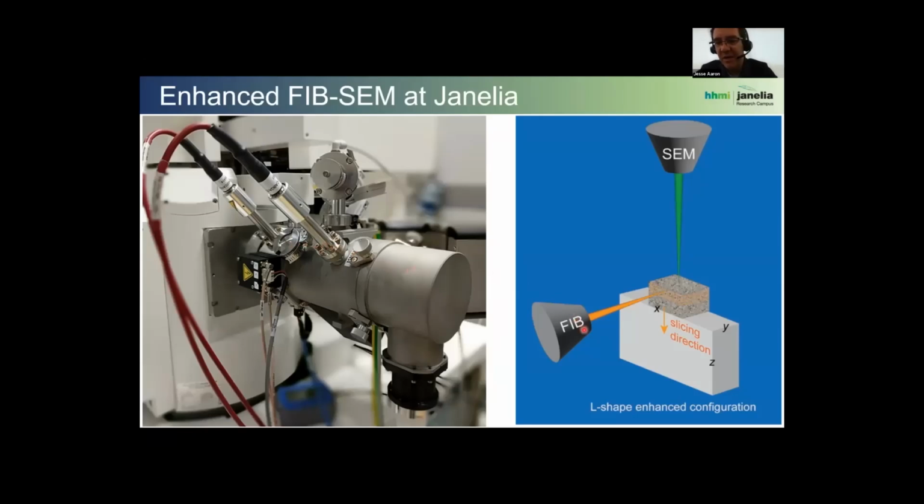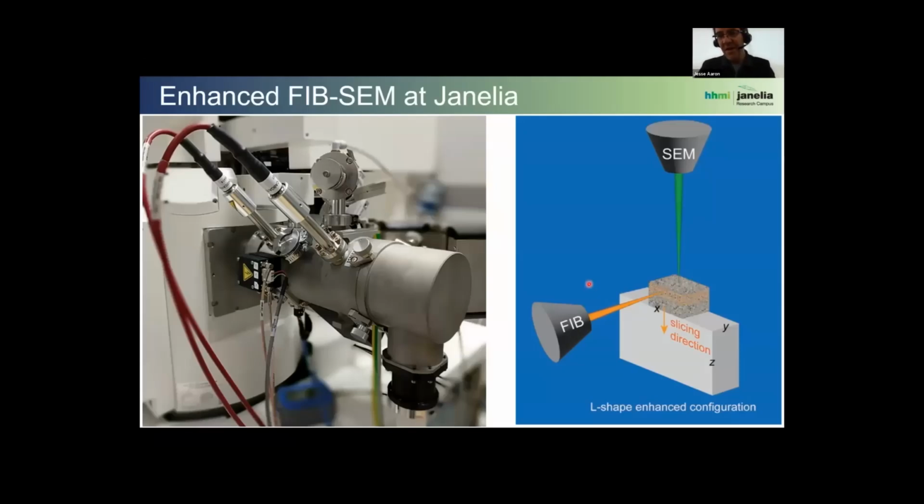But the basic idea is relatively simple, and it's pretty analogous to serial block face, but instead of using some kind of physical sectioning, the system uses a focused beam of ions, usually gallium, to ablate the surface of a resin-embedded sample, and then we come in with an SEM and scan our way through, create an image, and repeat over and over and over again.